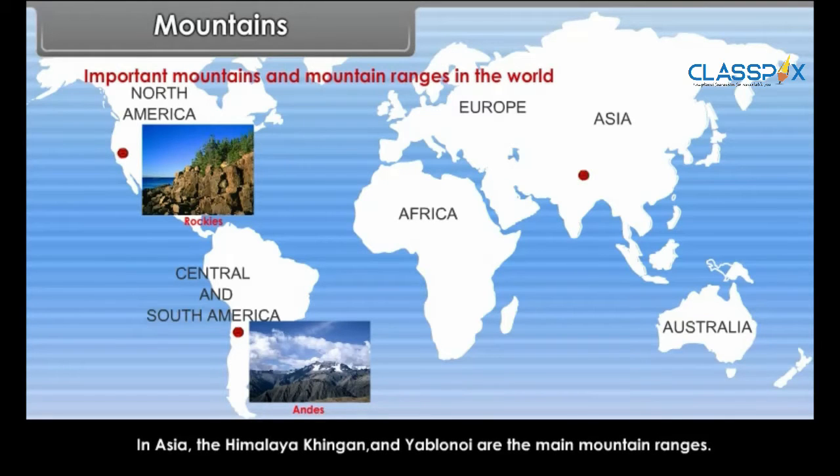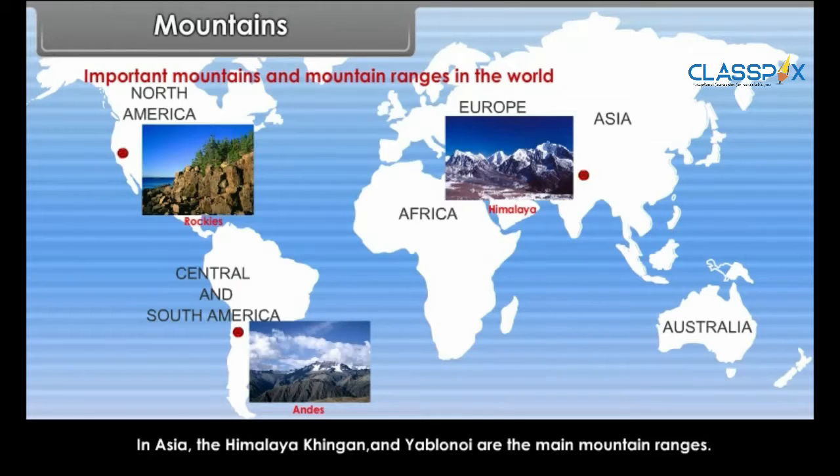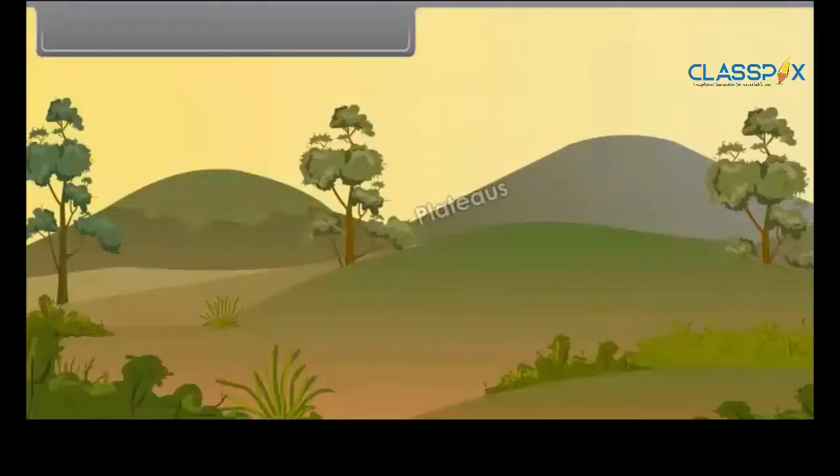In Asia, the Himalaya, Khingan and Yablonoi are the main mountain ranges.